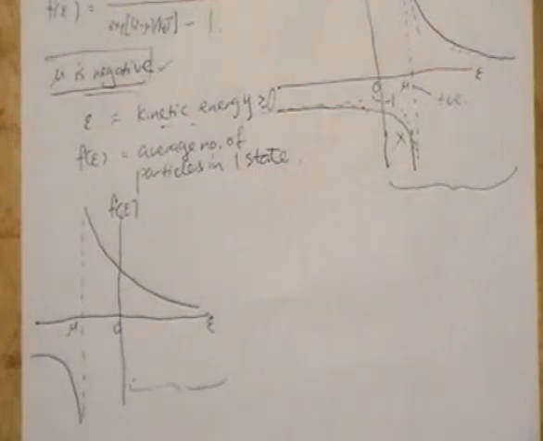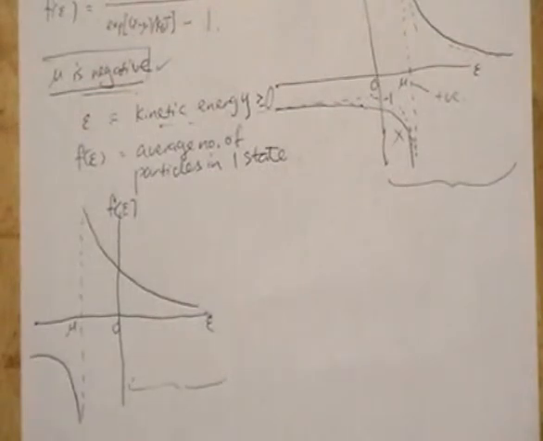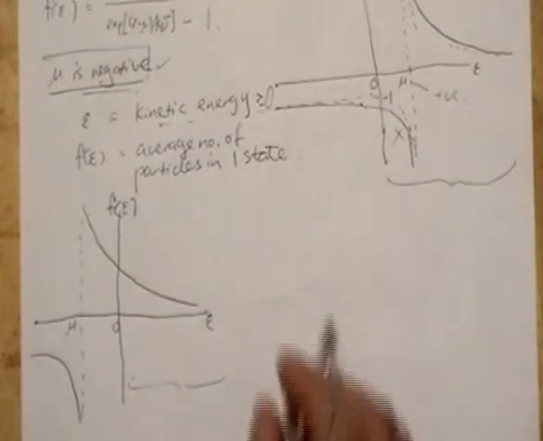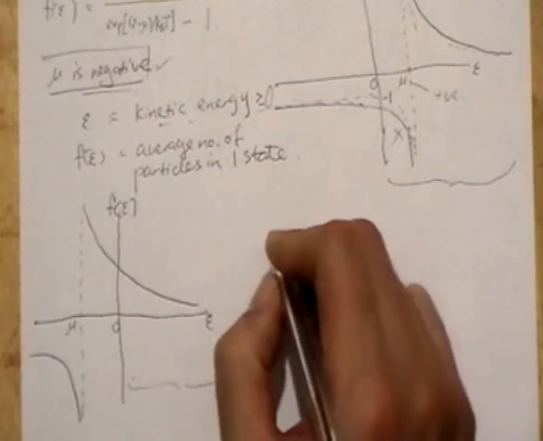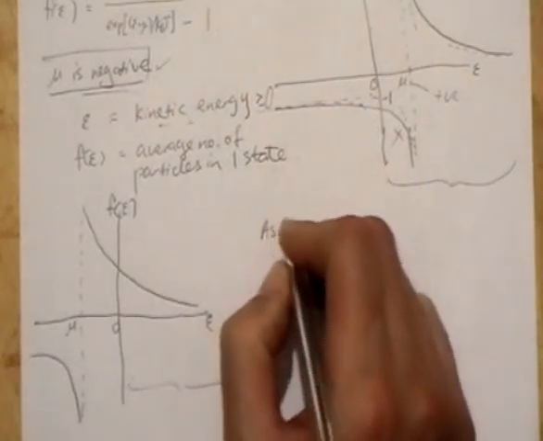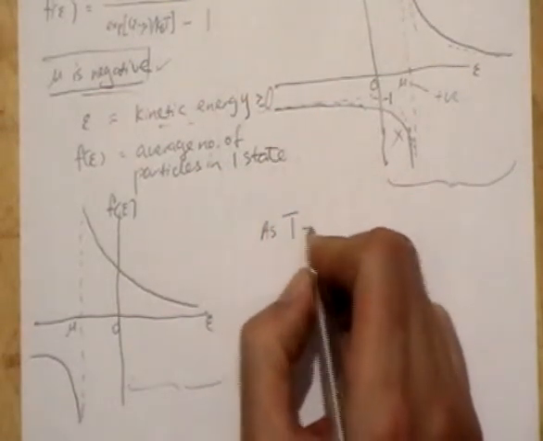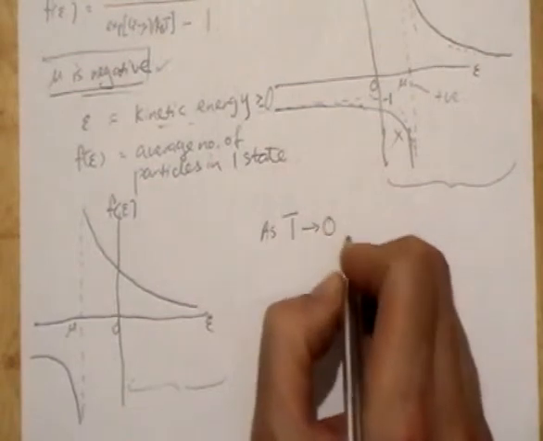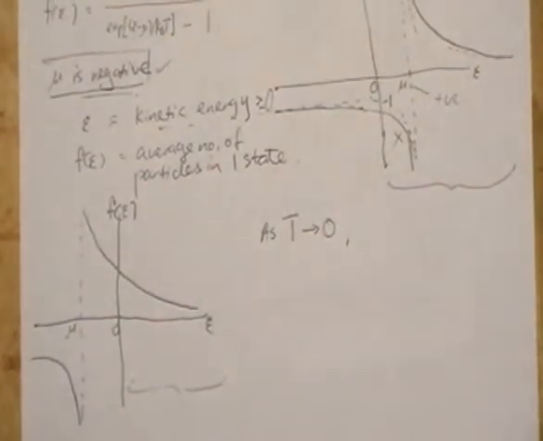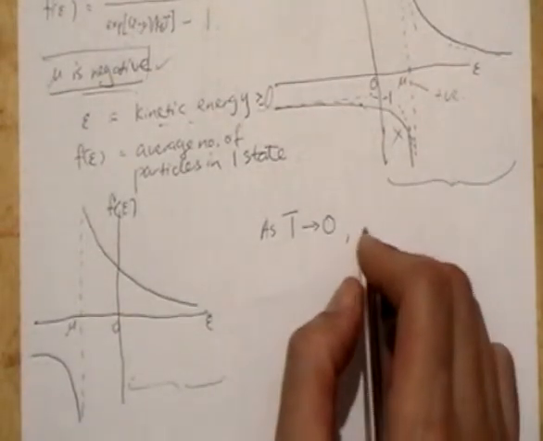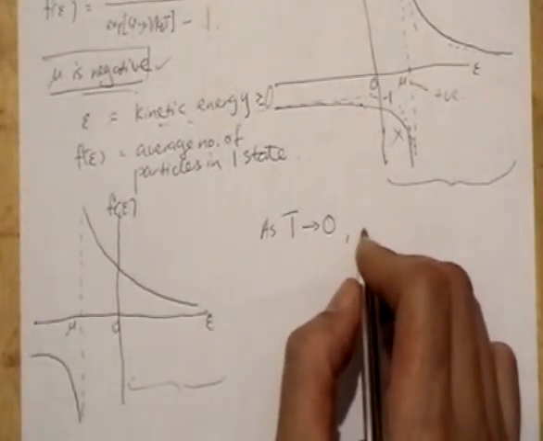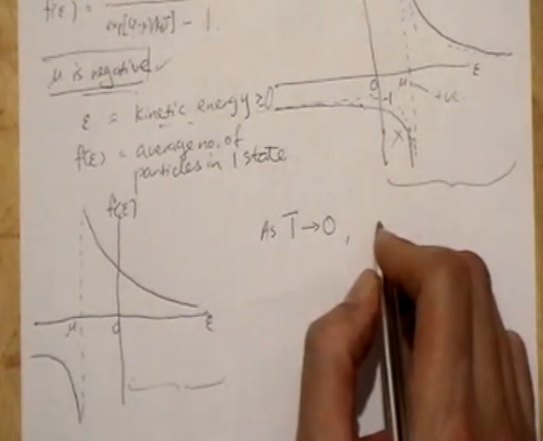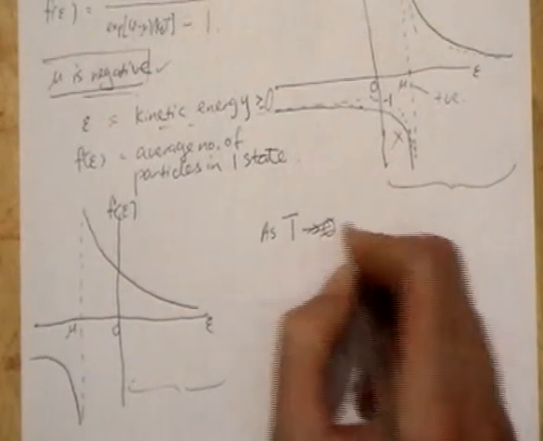Now the next thing we want to show is that as temperature decreases, as temperature goes to 0, it goes to 0 is a bit strong.